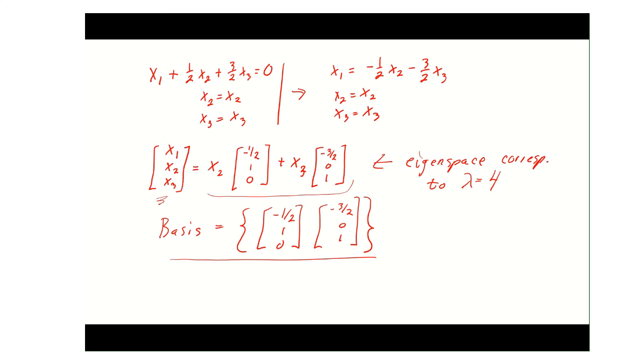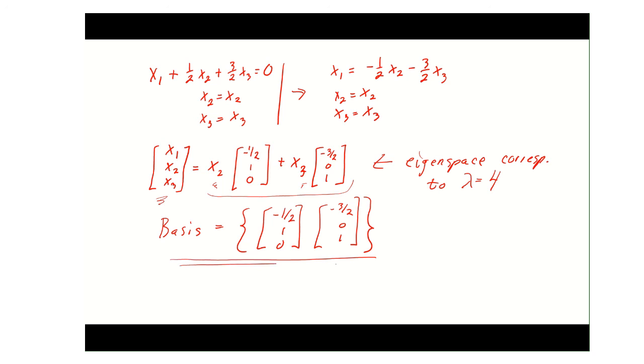Try it out yourself. Stick in a value for x2, a value for x3, combine these things, and you're going to get a vector. Multiply that by your original matrix, and you'll find that A times that vector is always equal to 4 times the vector you started with. That means it is in your eigenspace corresponding to the eigenvalue lambda equals 4.